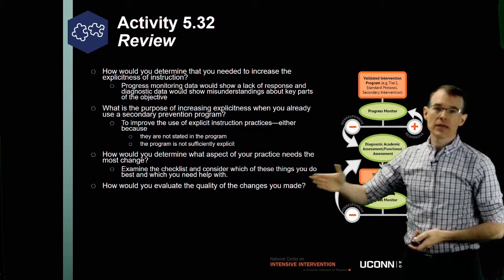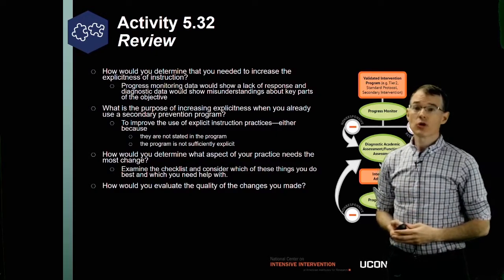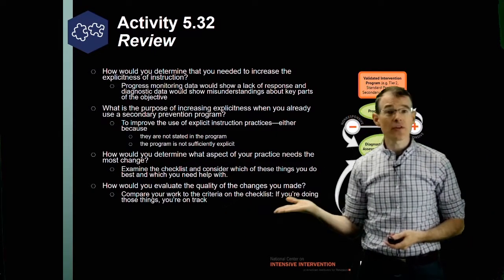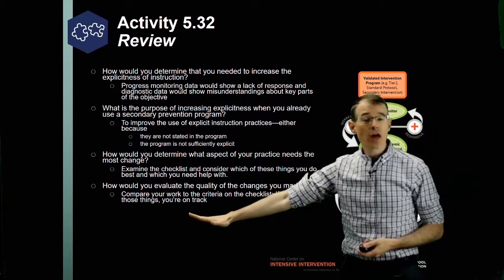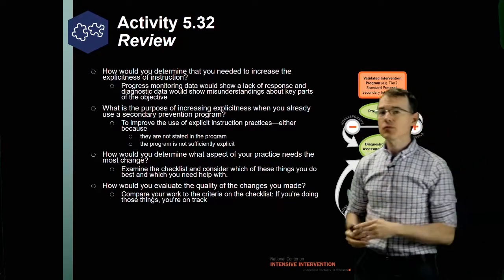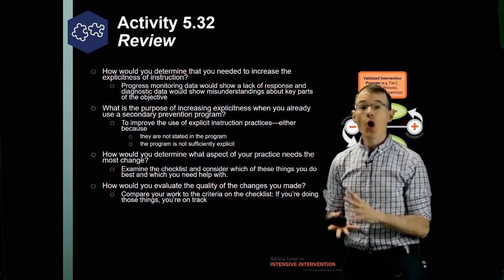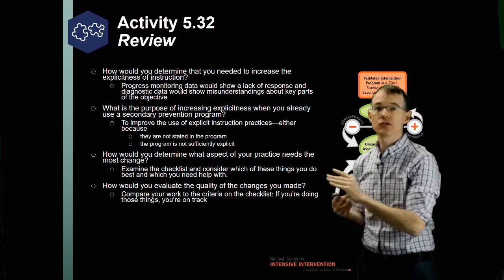How do you evaluate the quality of the changes you made? How well they are actually going? Well, first, the simple thing to do is to see whether or not you actually just did what it says on the checklist. If you did, you're on the right track. So the quality is improving if you're just following the guidance from the checklist. Hopefully also you're working with a coach and some peers, and you're looking at videos of your own teaching.